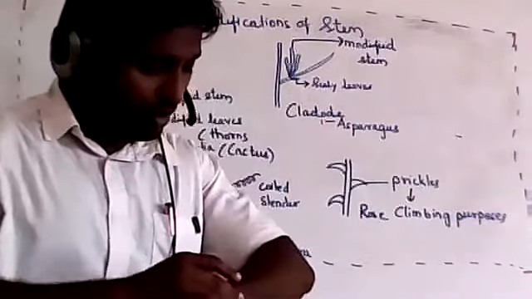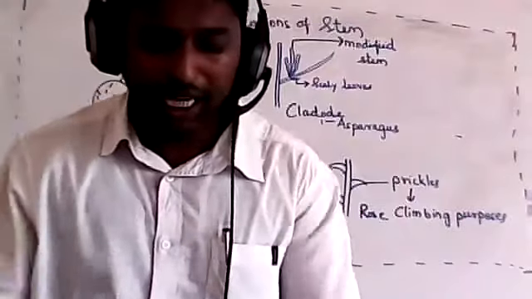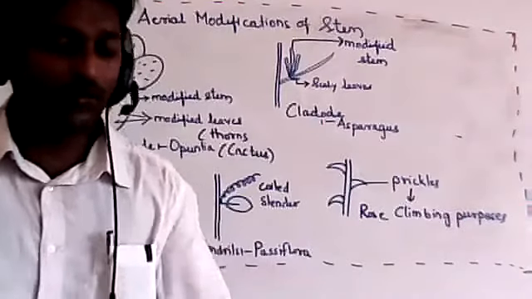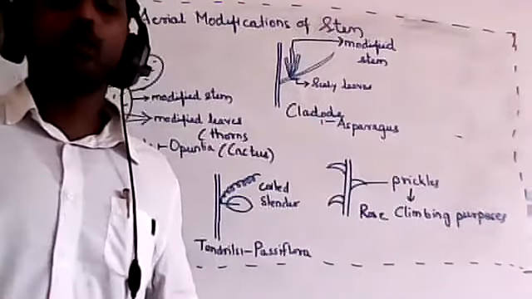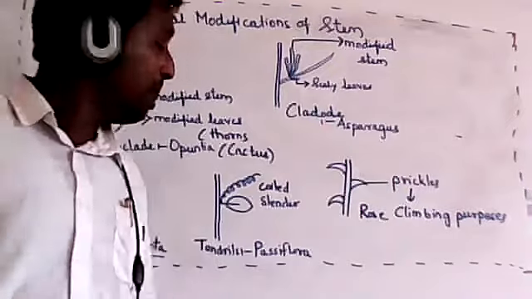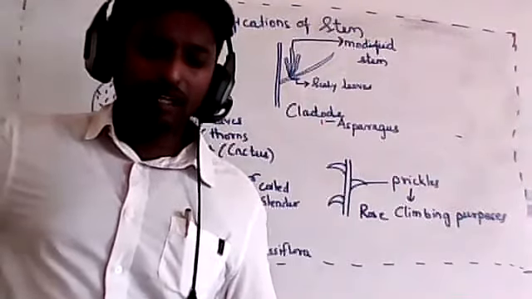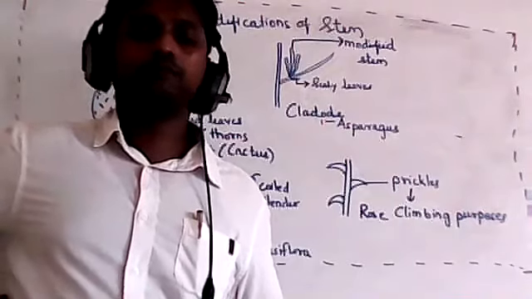So now you can take down this aerial modification of stem. The first one is phylloclade.